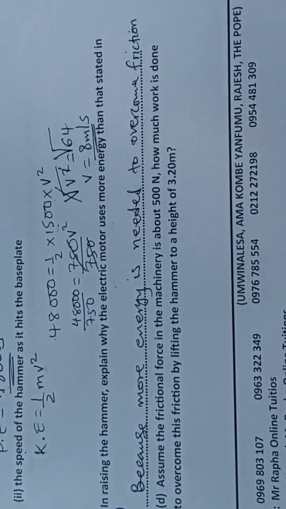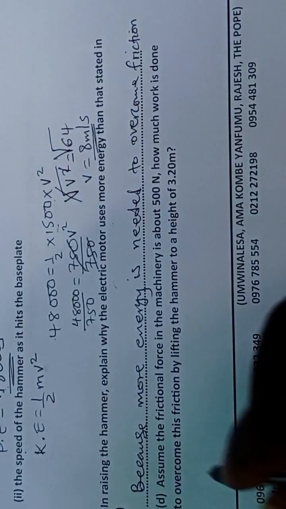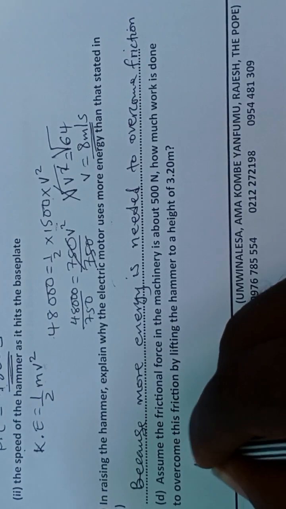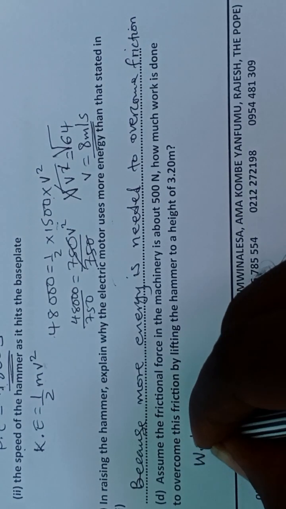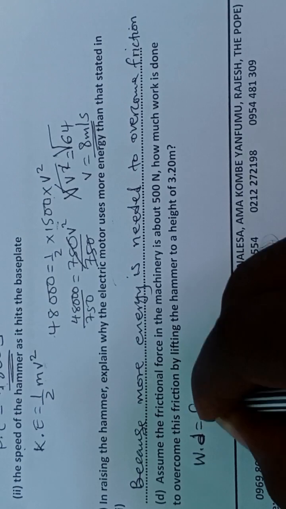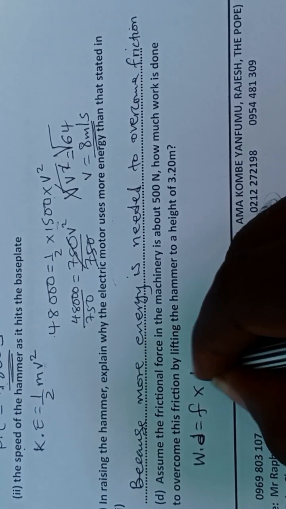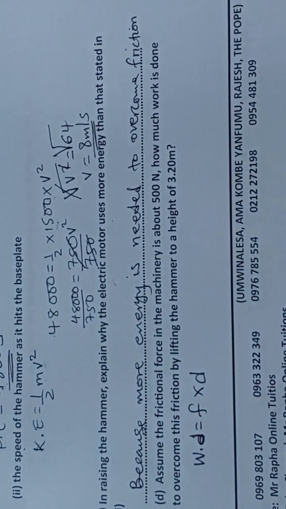So D, assume the frictional force in the machinery is about 500 newtons. How much work is done to overcome this friction by lifting the hammer to a height of 3.20 meters? So remember the formula for work done. Work done is equal to force times distance.